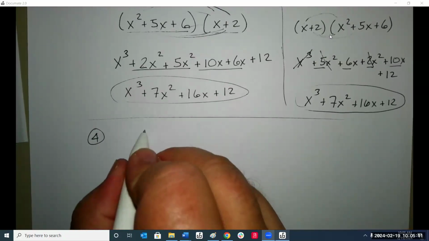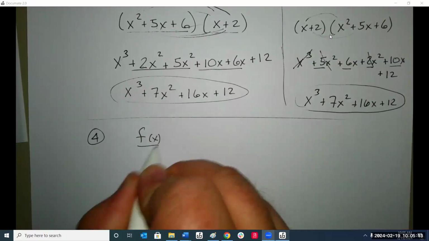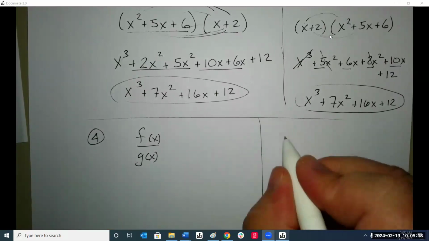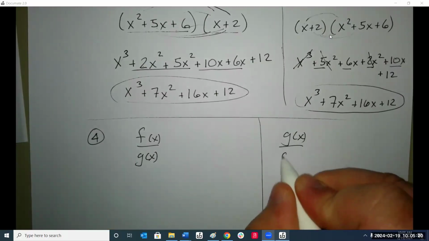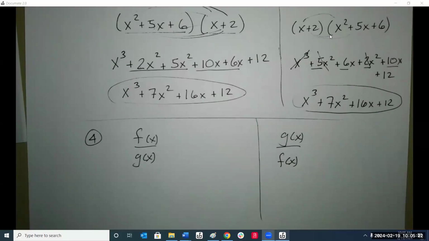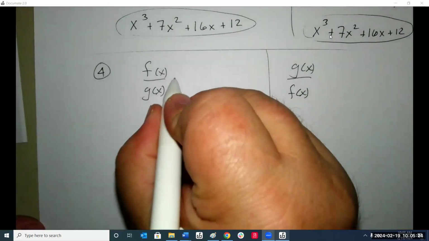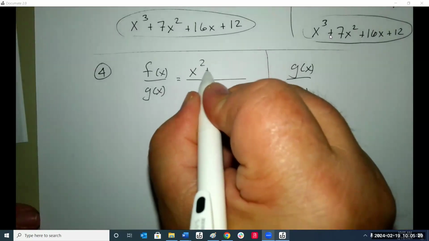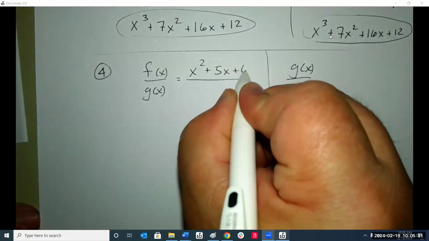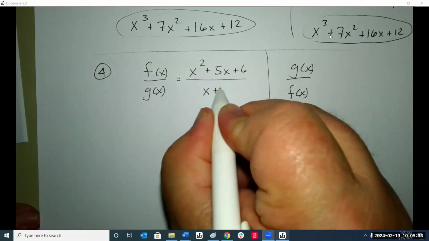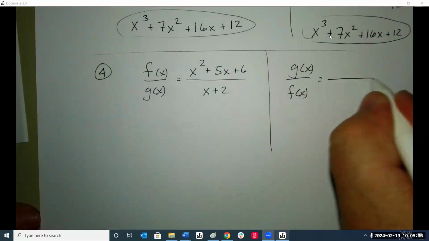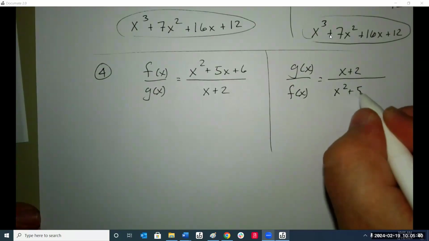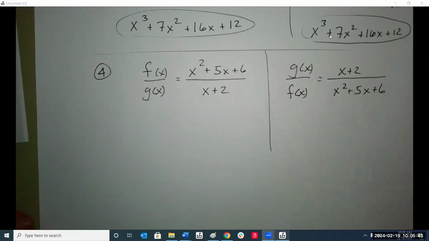All right, and the last one, f of x divided by g of x, over g of x over f of x. So it's x squared plus 5x plus 6 over x plus 2, and x plus 2 over x squared plus 5x plus 6.